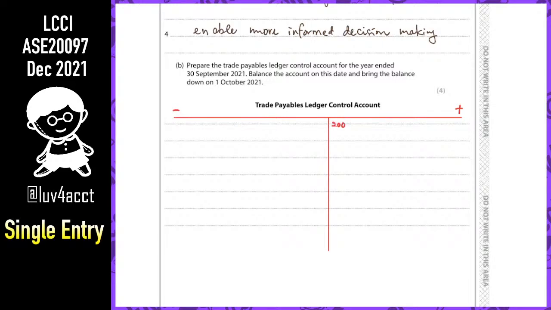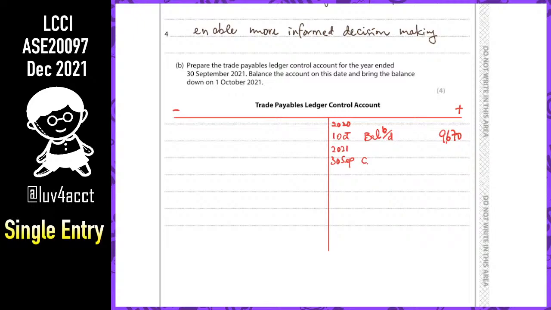Opening balance, date year 2020. Let's see the marks. 4 marks. No marks for the date and description, but we still work it out nicely. Balance brought down, we have 9670. I will mark down all the other items first and then put in the amount.